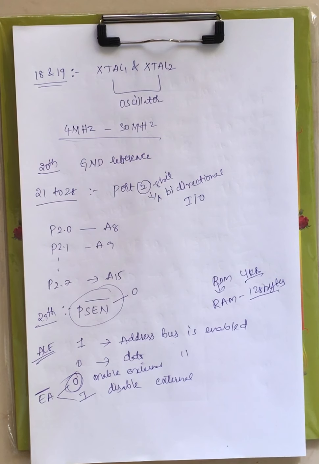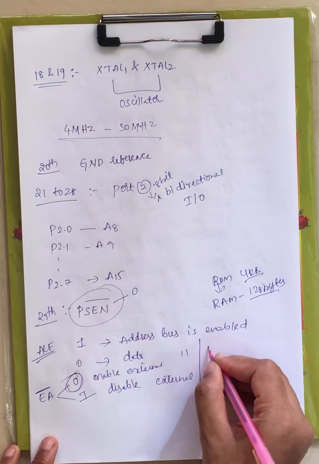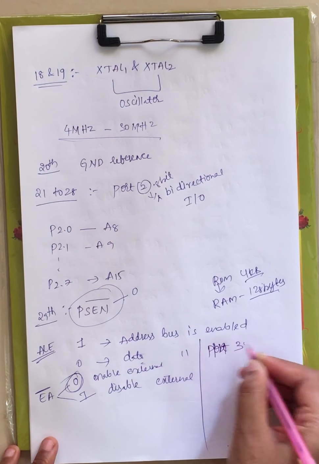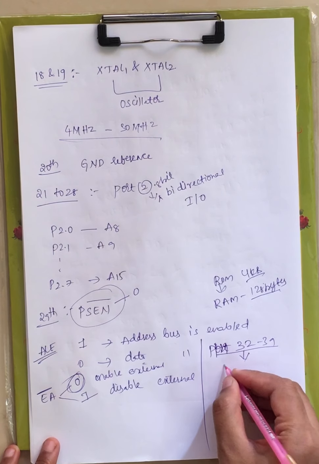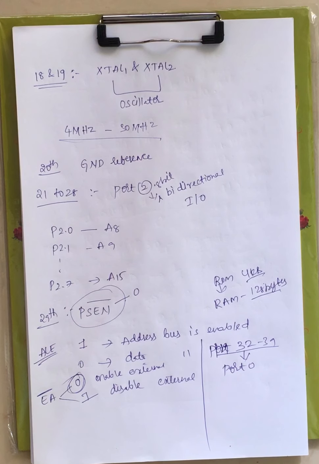Now coming to pin number 32 to 39, right? Now these are provided with port 0, which is an 8-bit bidirectional IO port.